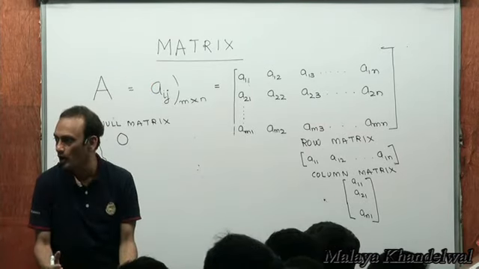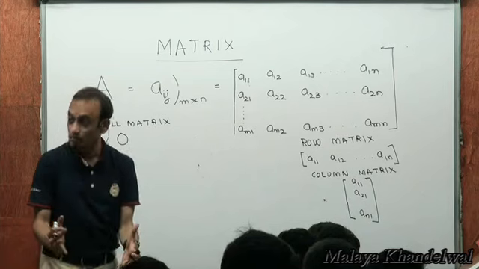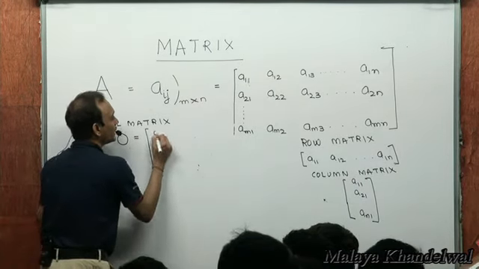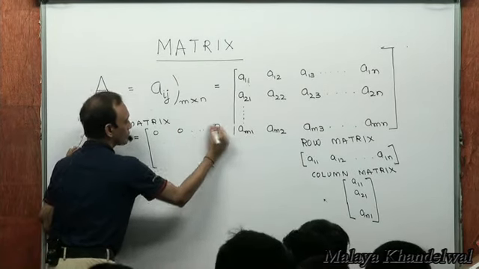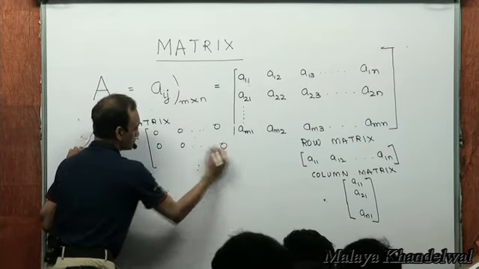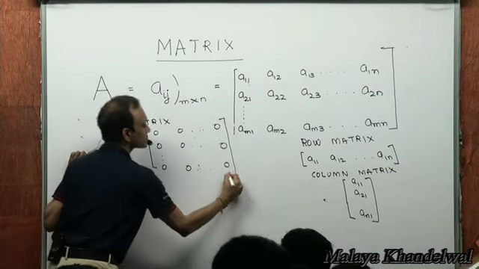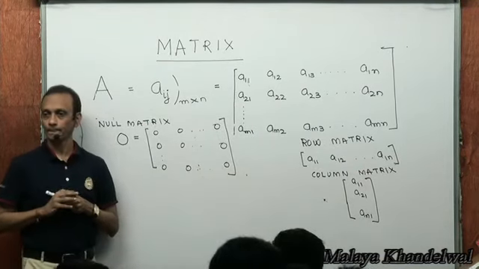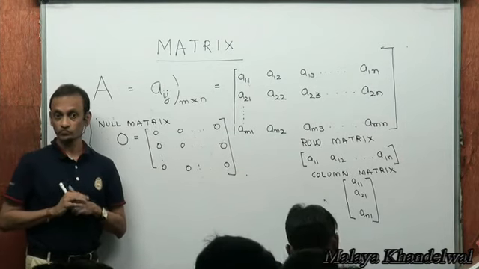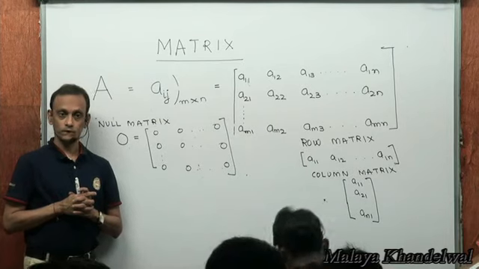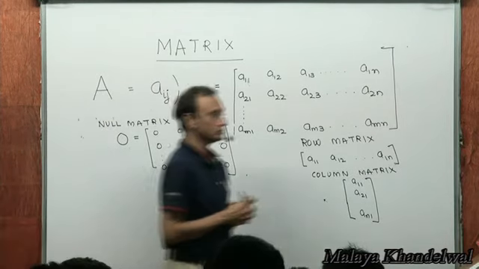We'll define algebraic operations on that collection of elements, right? So we have a null matrix which is like all elements 0. That's a null matrix. Yes or no?